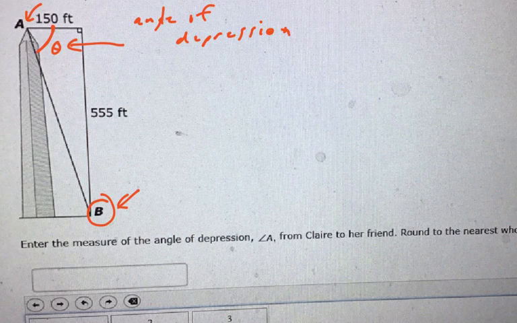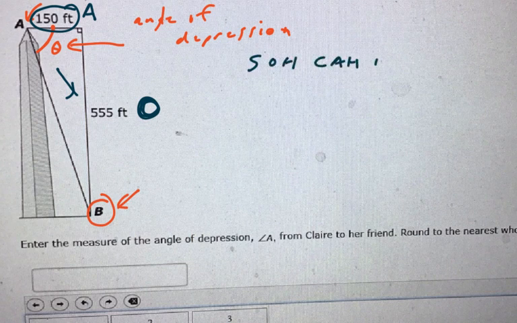Well, notice that the 555 is opposite of my angle of depression. The 150 is next to it. That's called adjacent. According to SOHCAHTOA, which one uses O and A? And hopefully you agree, O and A is TOA. T is for tangent.